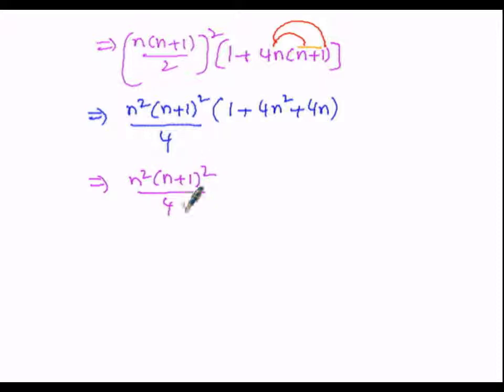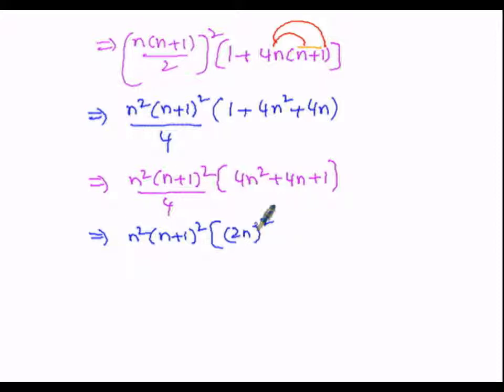Then now within this bracket, the highest degree is 2. I want to write the 4n square with positive in front as the first term, then the next term as plus 4n as the second term, then the 1 is positive, I want to write it as plus 1. Then now that implies n square into n plus 1 whole square into, so here I want to write 4n square as 2n whole square, because 2 square is 4 and n square is n square.